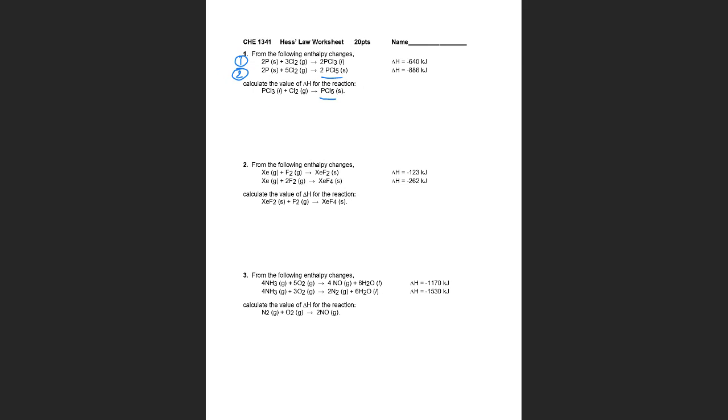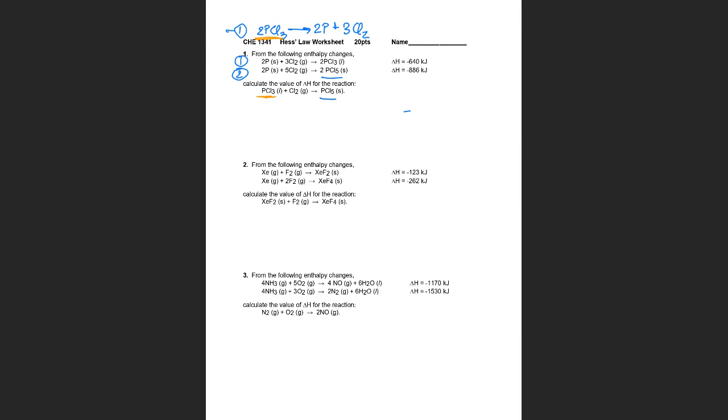So I'm going to turn number 1 into something that I'm going to call -1 that just says 2 PCl3 goes to 2P plus 3 Cl2s. So I've taken line 1 and I've reversed it. And what that does is it lines the PCl3s up on the correct side of the arrow.